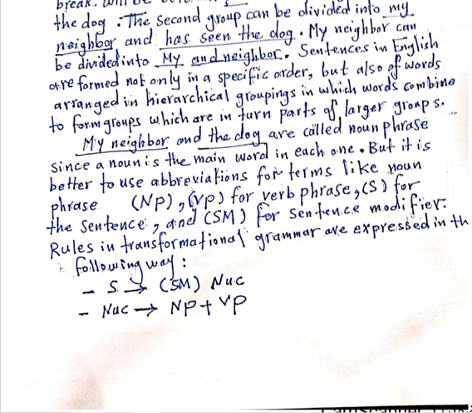Rules in transformational grammar are expressed in the following way: sentence goes to sentence modifier plus nucleus. Nucleus means the center, the core of a sentence.